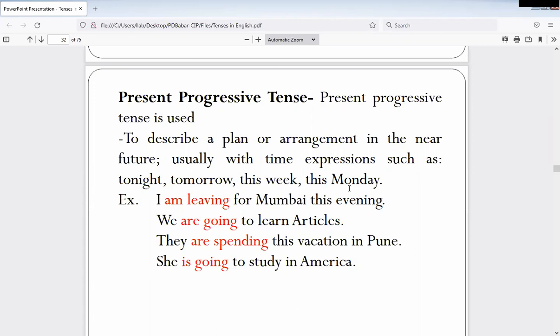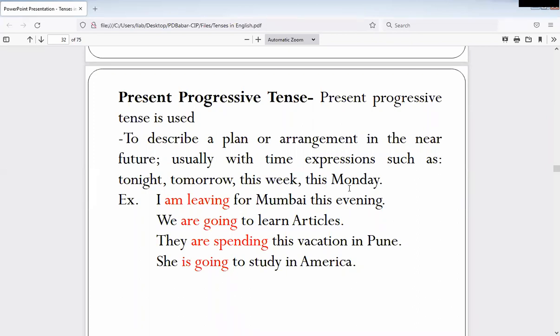So: tonight I am going for a party. This is my plan for tonight. So for describing the plan or arrangement, we are using the present progressive tense.